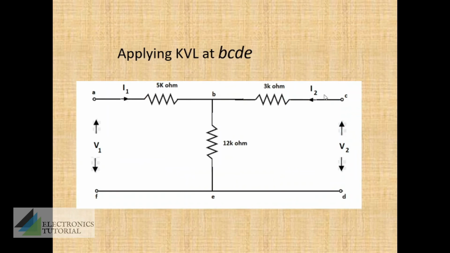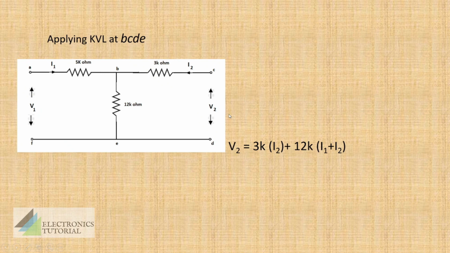Similarly, applying KVL at B, C, D, E. We'll solve in the direction of the current I2. Here, V2 is the source and there are two voltage drops. The KVL equation will be V2 is equal to 3K into I2 plus 12K into I1 plus I2.